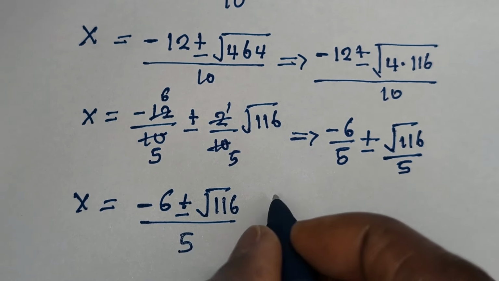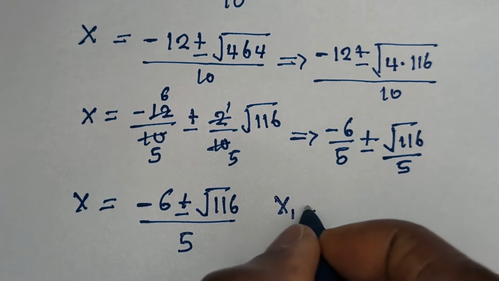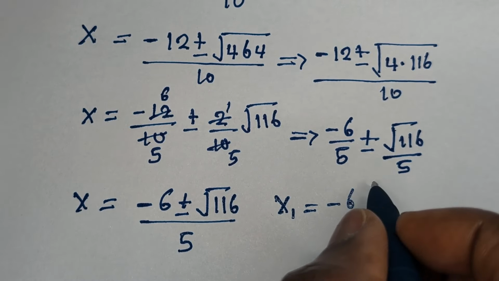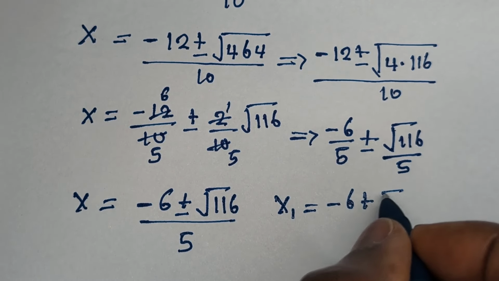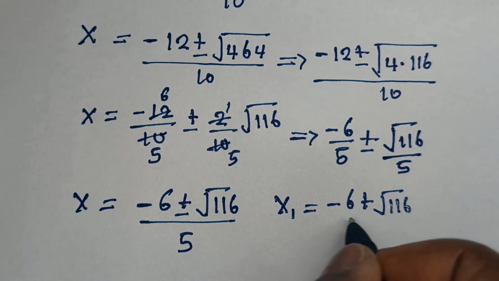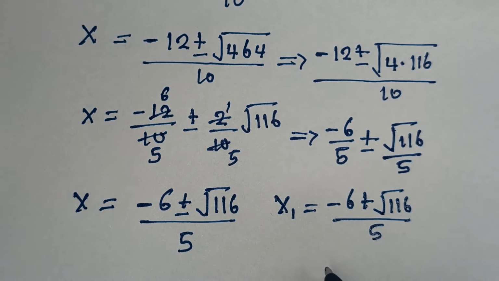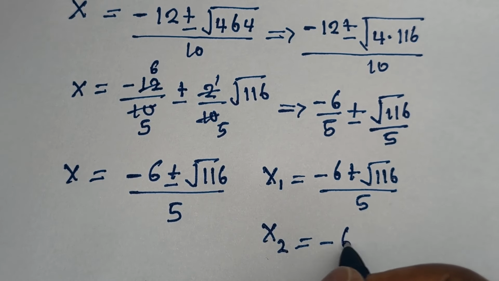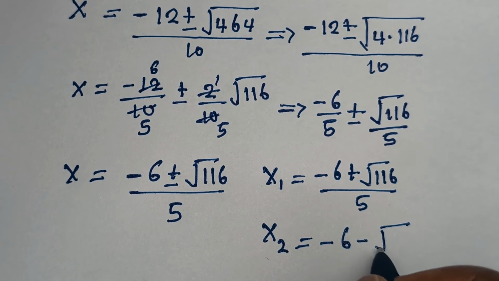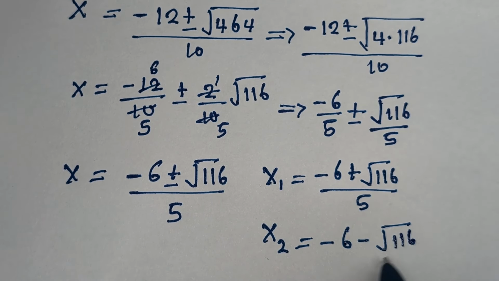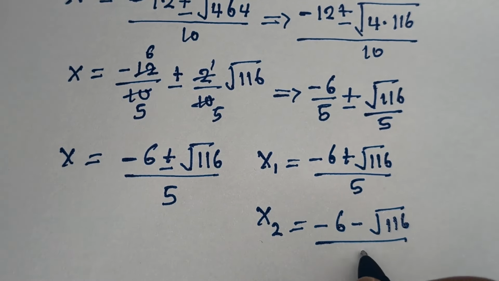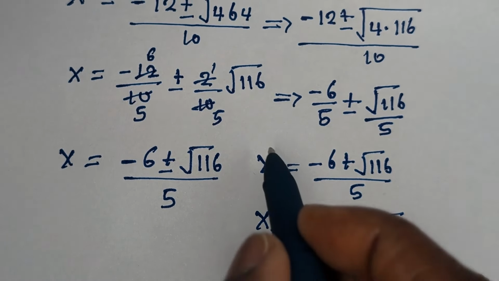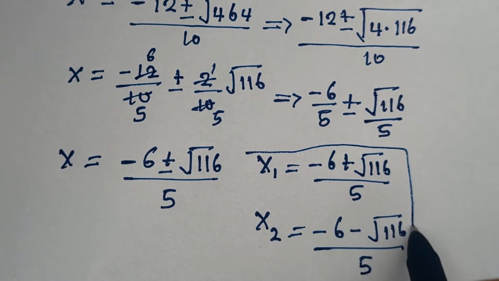And x1 is equal to minus 6 plus square root of 116 over 5. Then x2 is equal to minus 6 minus square root of 116 over 5. These are the values of x. We've gotten the values of x.